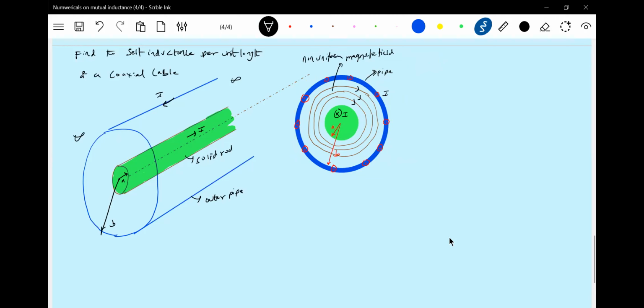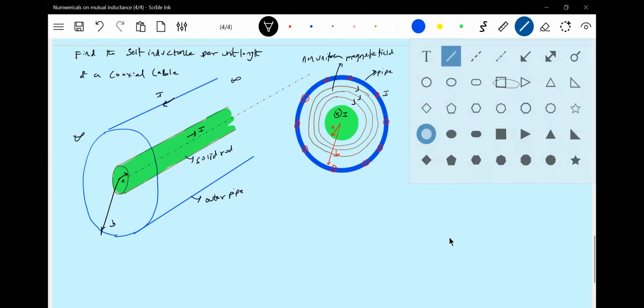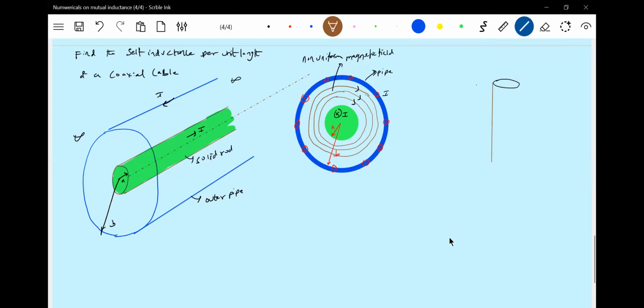But how to calculate self-inductance per unit length? We'll take help of one more diagram.